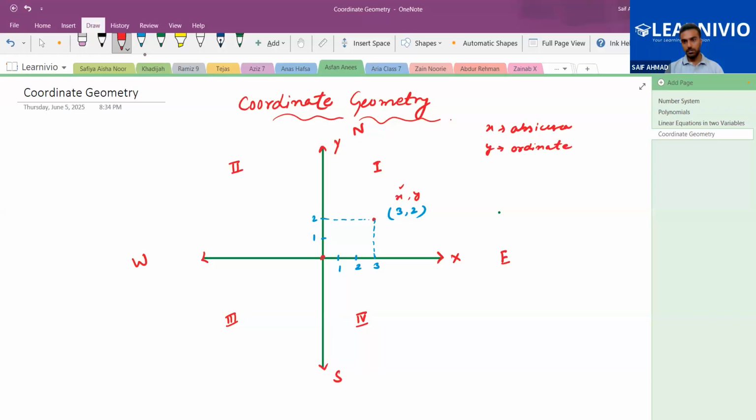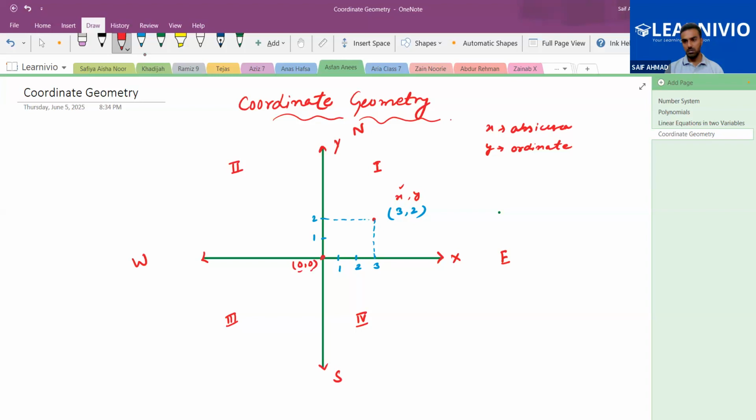What if the point is in the middle? This origin point. The coordinates of the origin point are (0, 0). Is that called abscissa or ordinate? It is called both abscissa and ordinate.